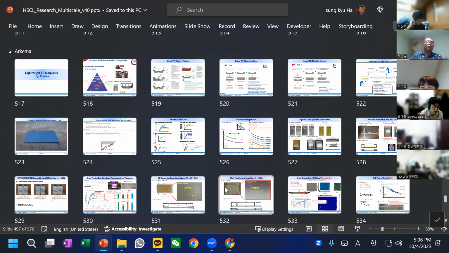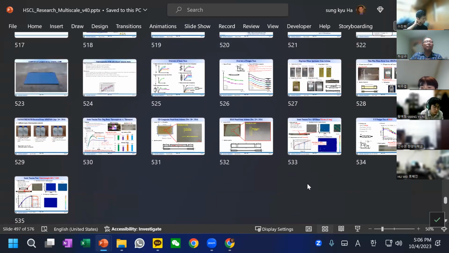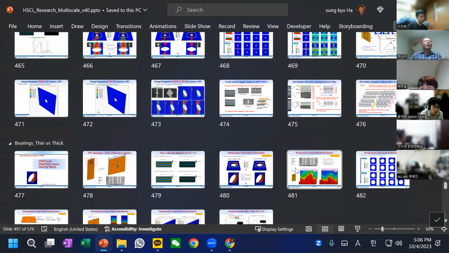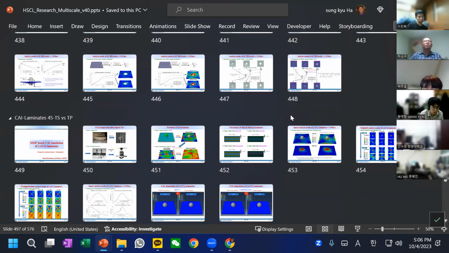But the more important point is that we need to understand the general behavior of the composites depending on the laminate. I didn't share this slide, but after class I'm going to select some slides and share them with you so that you can remember well.